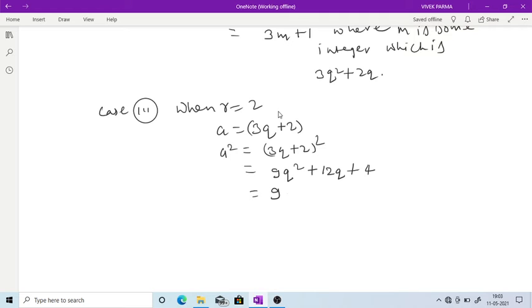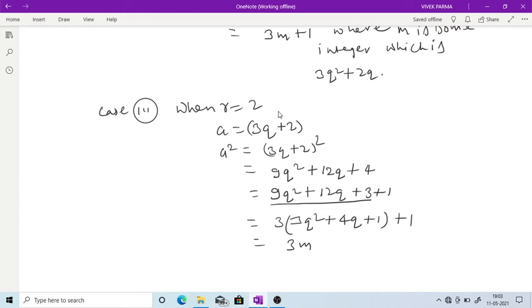So we have 9q square plus 12q plus 3 plus 1, and I'm going to take 3 as a factor from these three terms. So we have 3 into 3q square plus 4q plus 1, plus 1, and this is 3m plus 1.